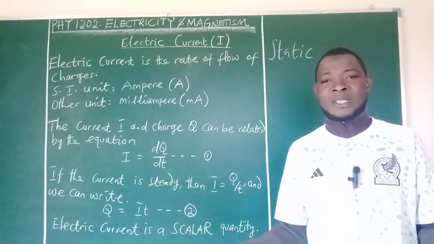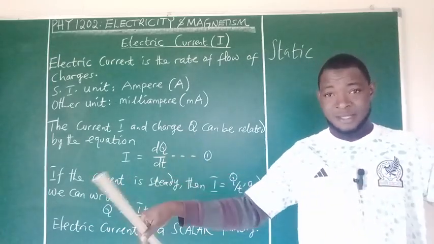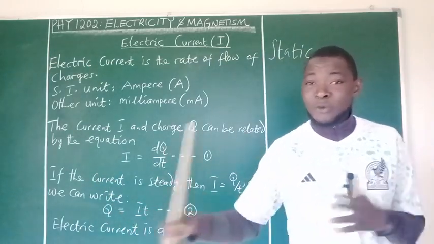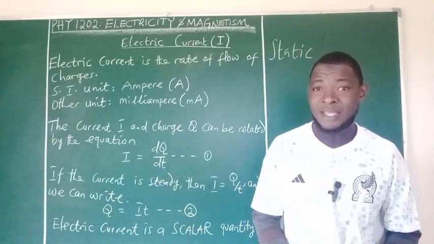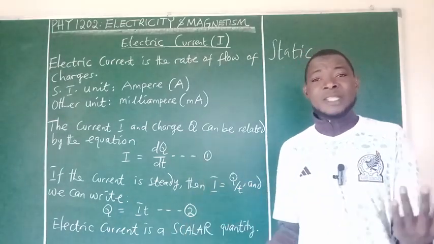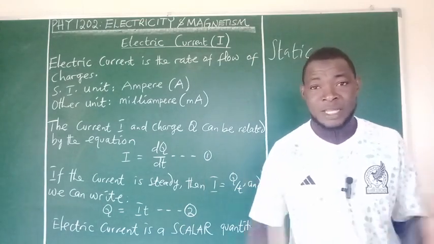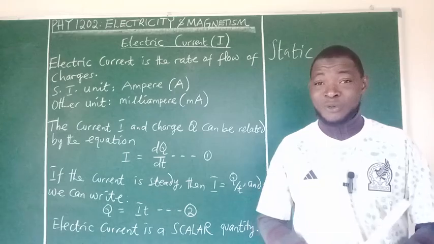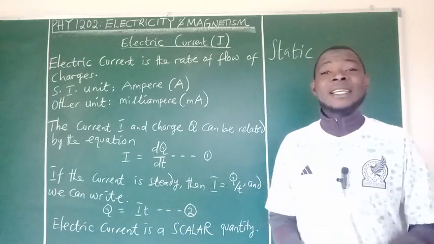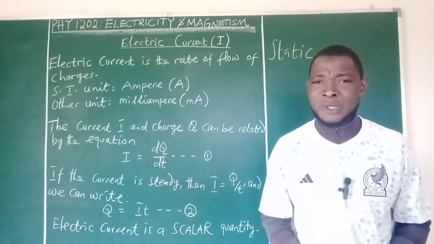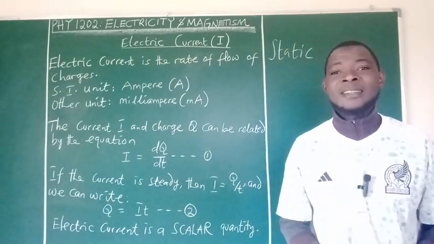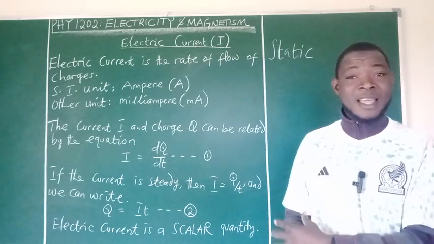It's just like water. If water is standing still, it's not flowing, we do not speak about water current. You only speak about water current if the water is flowing. If it is not, no water current. In the same sense, in the field of electricity, we do not speak about electric current if the charges are at rest.